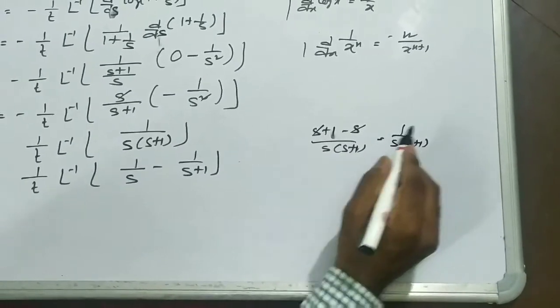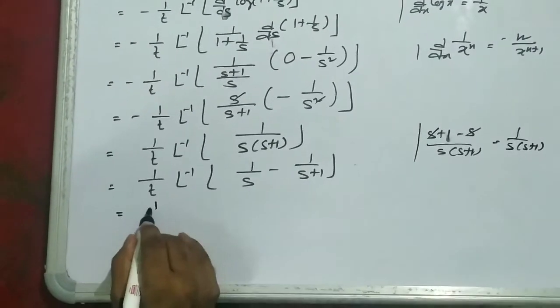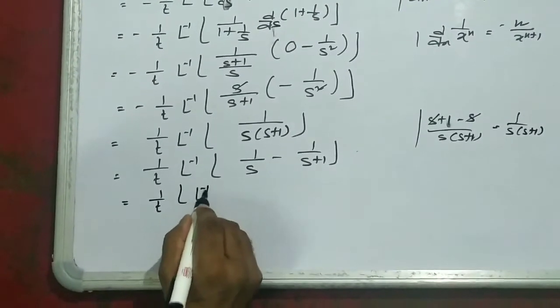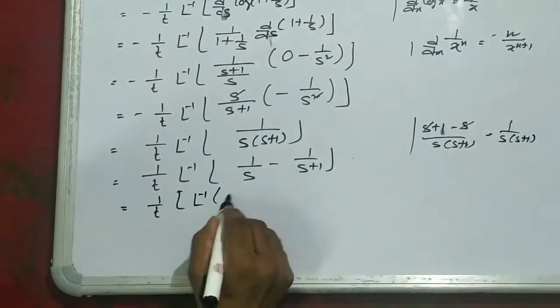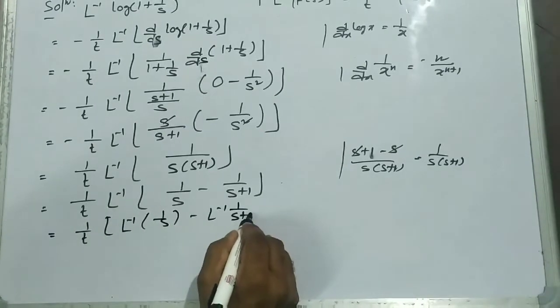This is a shortcut rule. We can use this directly, the difference of these two. Now 1 by t, taking L inverse within the bracket, 1 by s minus 1 by s plus 1.